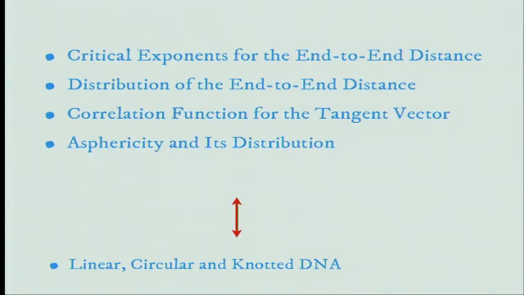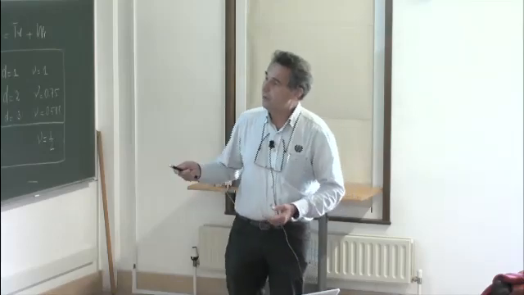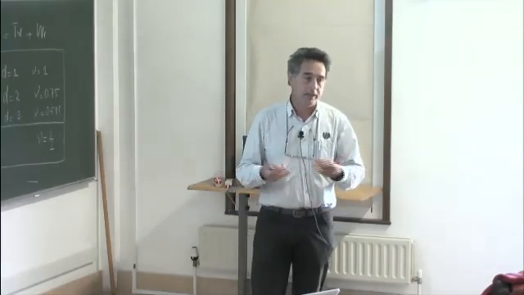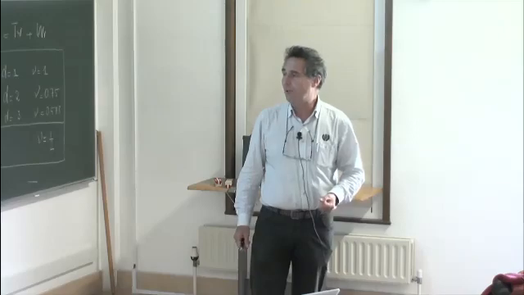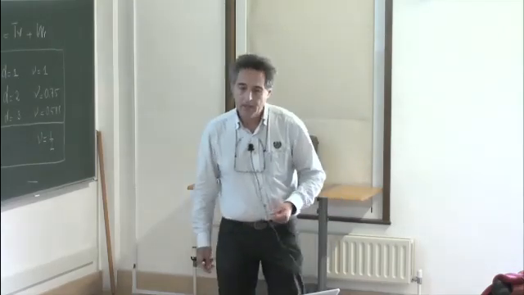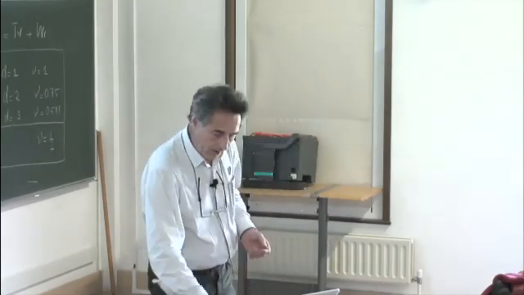We can measure the end-to-end distance distribution, correlation functions of DNA, and the shape of the DNA. We do this for linear, circular, and knotted DNA so that we can say something about the effects of topology. Today I will speak especially about circular DNA.